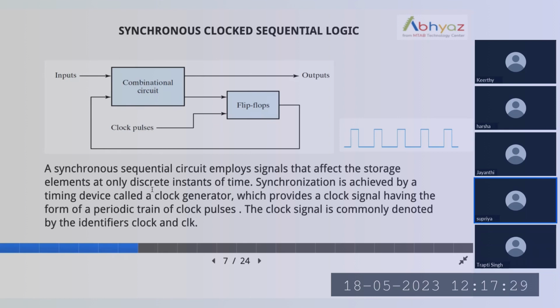If you connect a circuit in asynchronous format, it gives instantaneous clock pulses, so the output depends upon the instantaneous variations of the clock pulses. In synchronous circuits, it depends upon discrete instants of time, that is, the clock pulses vary at discrete instants of time. The clock signal is commonly denoted as CLK or clock, which has a periodic train of clock pulses.